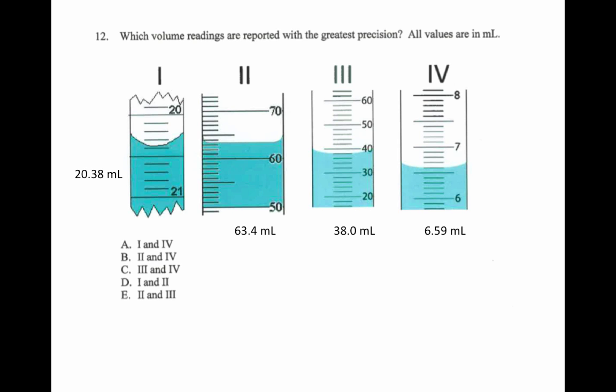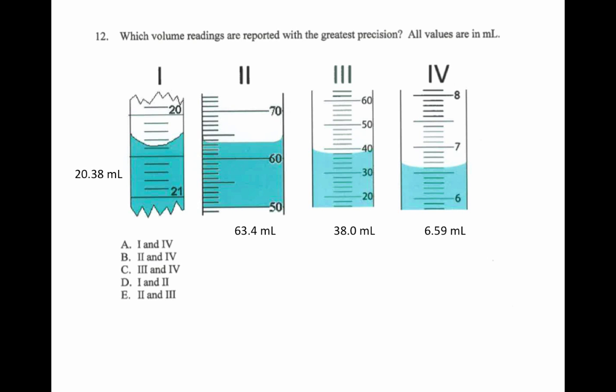Okay, here's another way that we can look at the same scale readings. So all of these are the volume readings in milliliters, but now it asks which is reported with the greatest precision. Which of these do we know most certainly? In this case, I'm going to look to see, since they're all in milliliters, which one is being reported to the greatest number of decimal points. That's the most precise reading.